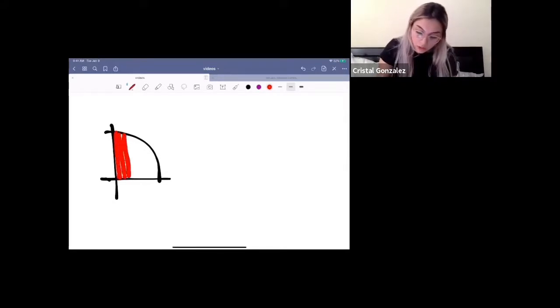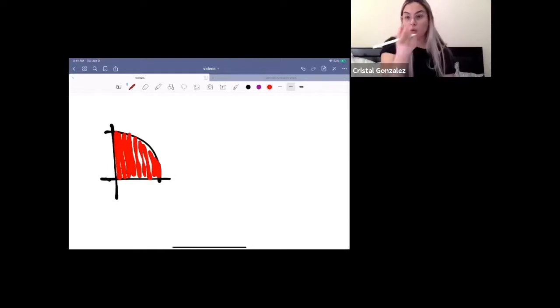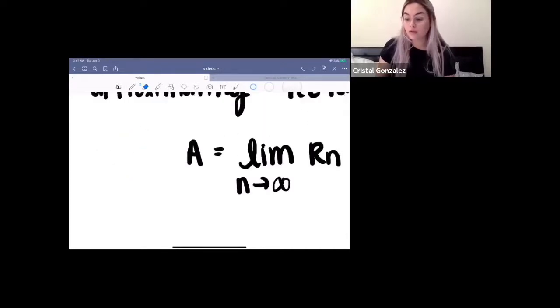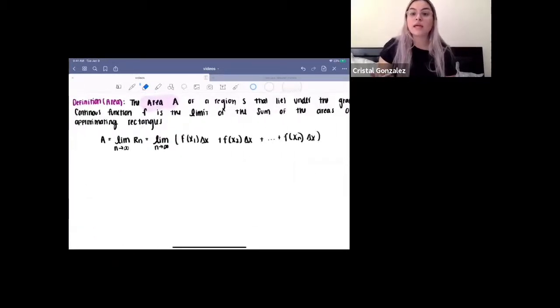And so that's what we're going to try to do when we're approximating these areas: we're going to make the rectangle so small. That means we have to have a lot of n values, a lot of rectangles. And in order to get a lot of rectangles, we're going to take the limit as n goes to infinity. Now this formula has it with the right-hand sided limits, but it doesn't really matter.